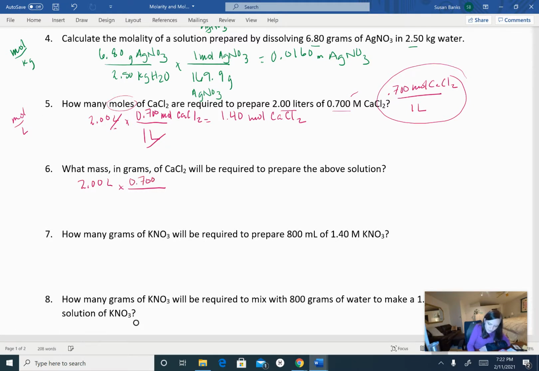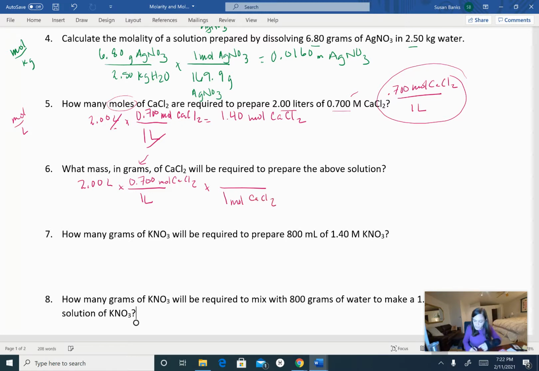So 0.7 moles of calcium chloride will give me 1 liter of solution. Now the last step then is to convert the moles of calcium chloride into grams. So I want my moles to cancel out. So I'm going to put mole on the bottom, 1 mole of calcium chloride.